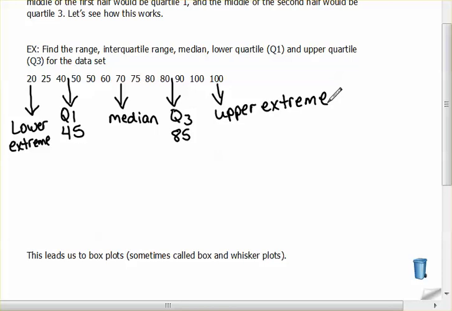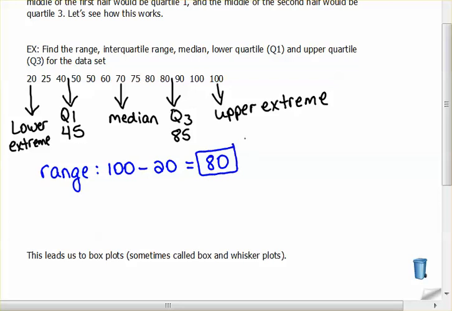Now they did ask us to find the range of the data, so let's find that. The range here is nothing more than the highest data value minus the lowest data value. So it would be 100 minus 20 is 80. That means that those scores, or whatever they are, are separated by 80 points.